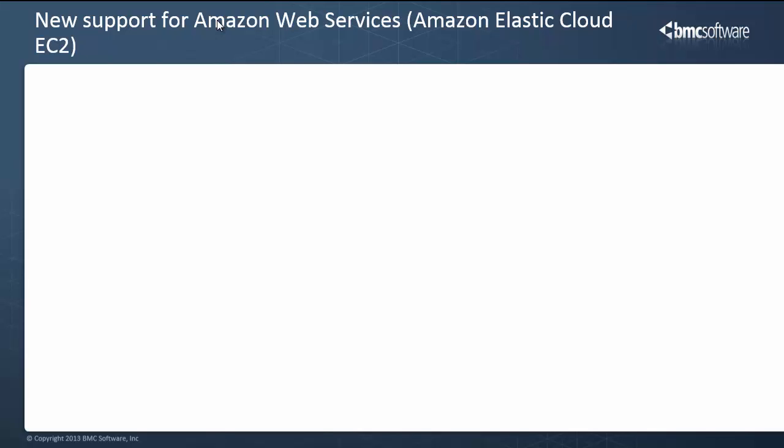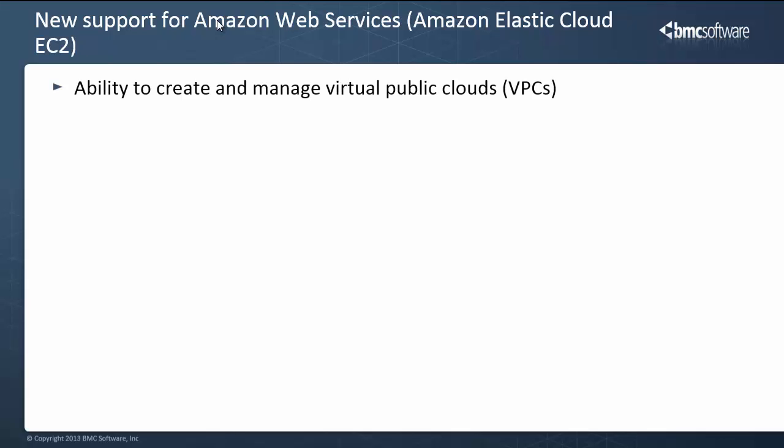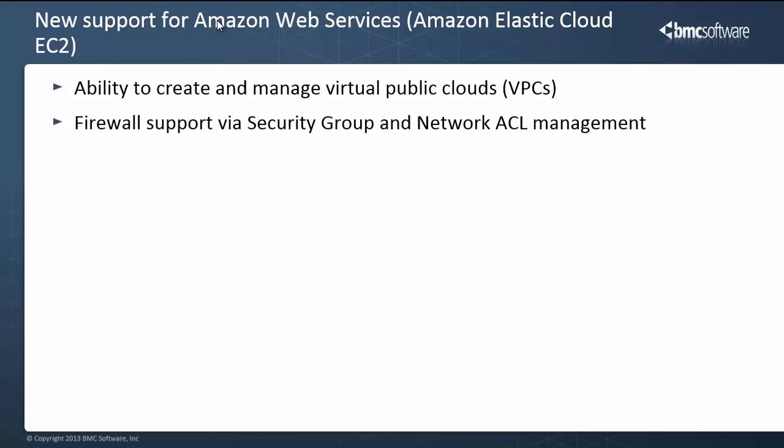With this new support, the cloud administrator will be able to create and manage virtual public clouds, that is VPCs, and create and manage firewalls for a VPC using Amazon Web Services Security Group and Network ACL Management.